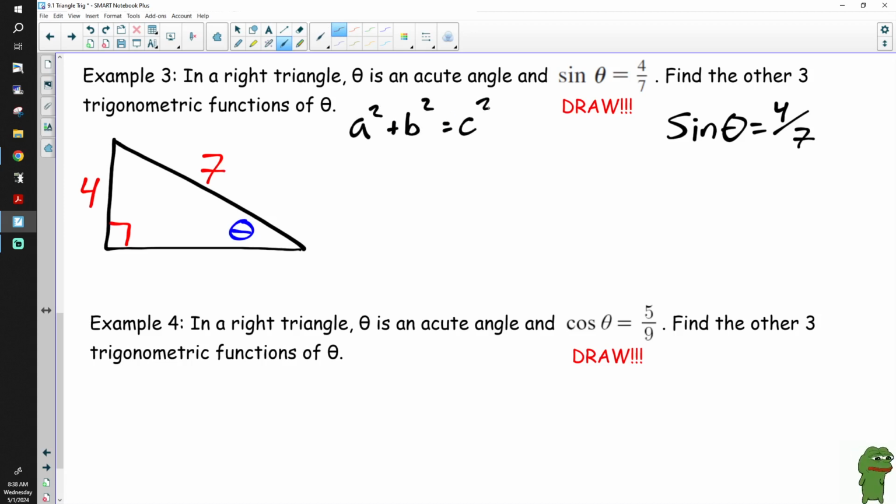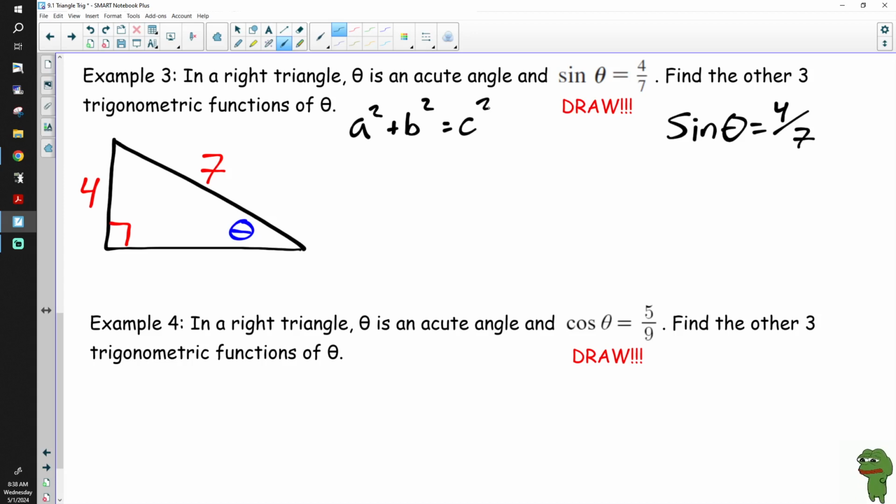A little bit different from last time because we know one of our short sides and we know the hypotenuse. We're missing either A or B. So when we plug these in, we want to put them in the correct spot. Does it matter if I put 4 in for A or B? Doesn't matter.